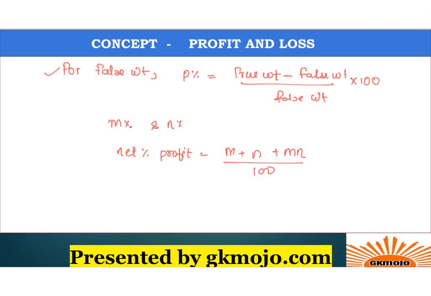I hope this formula is fine with you. These are the two things that I wanted to introduce to you in this concept. Slowly, as we go through the other videos, I'm going to introduce you to a lot of concepts of profit and loss. The rest of the concepts can be learned through the questions that we are going to do. So let's get started with the questions straight away.